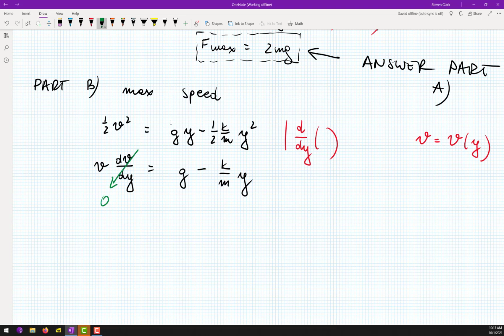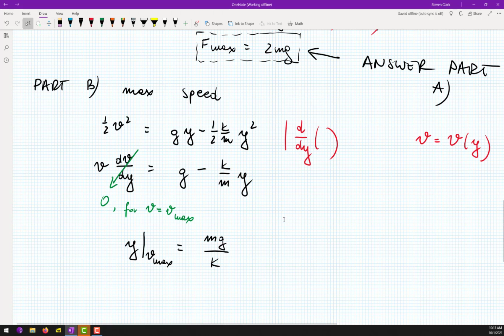If we want to have velocity max, this must be 0, for v equals v max. So we can find y for v max, that would be mg divided by k, yeah?